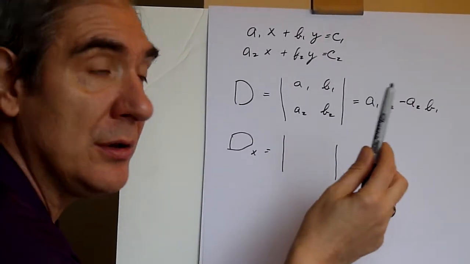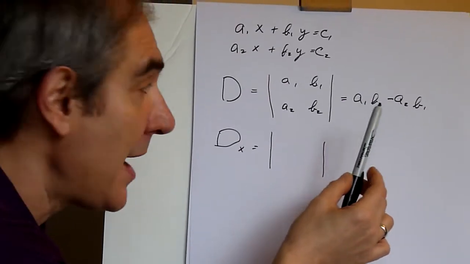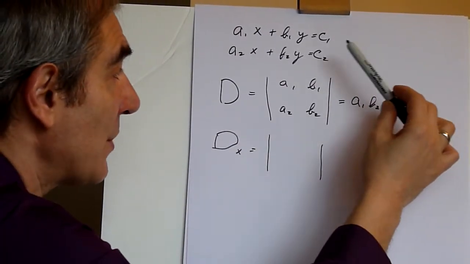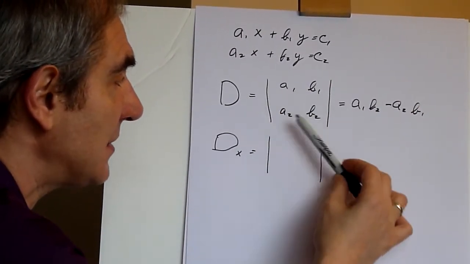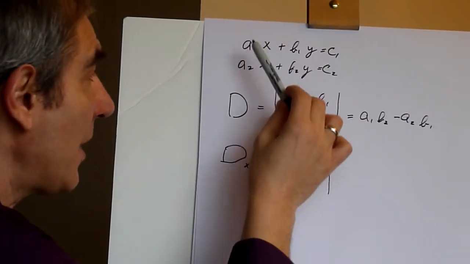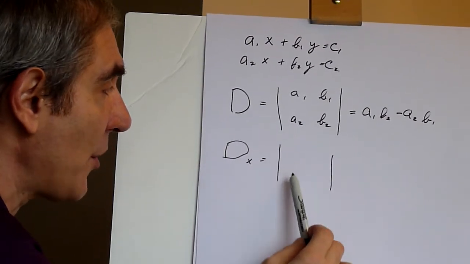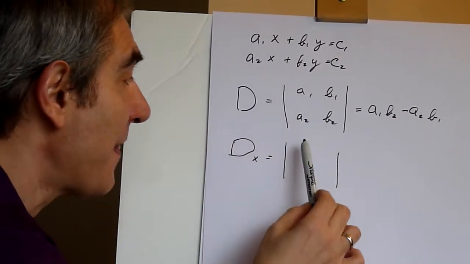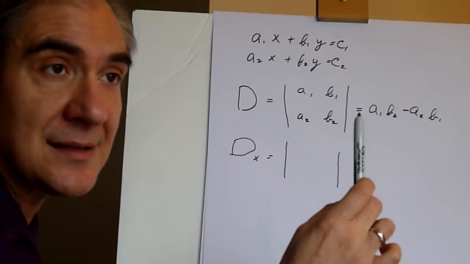In trying to figure out what D sub x is, we take the original coefficient matrix and replace the x coefficients with the c's. A1 and A2, which usually would go here if we're finding D, are replaced by our constants.